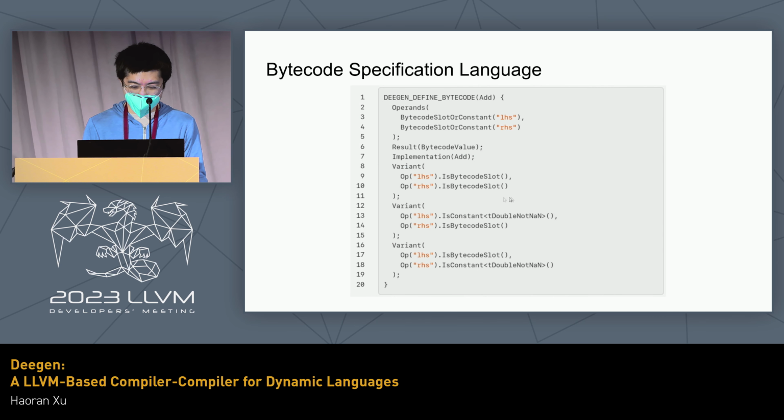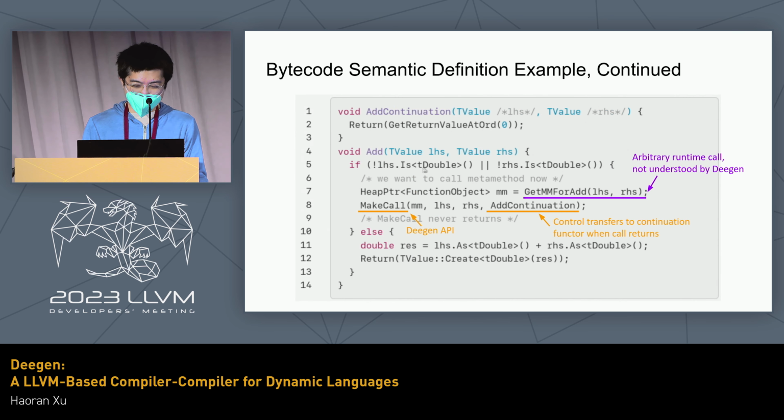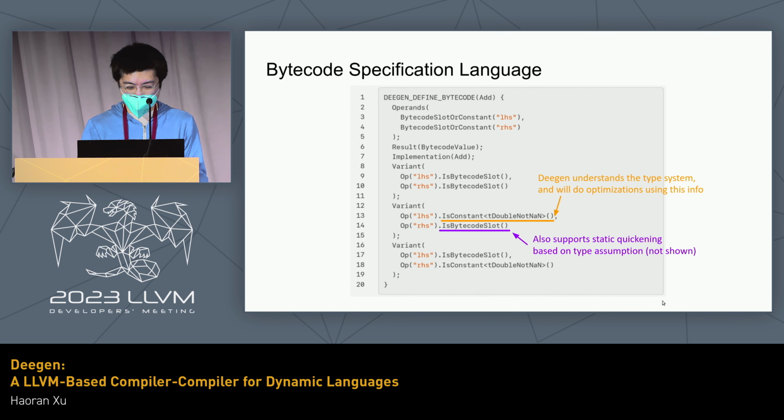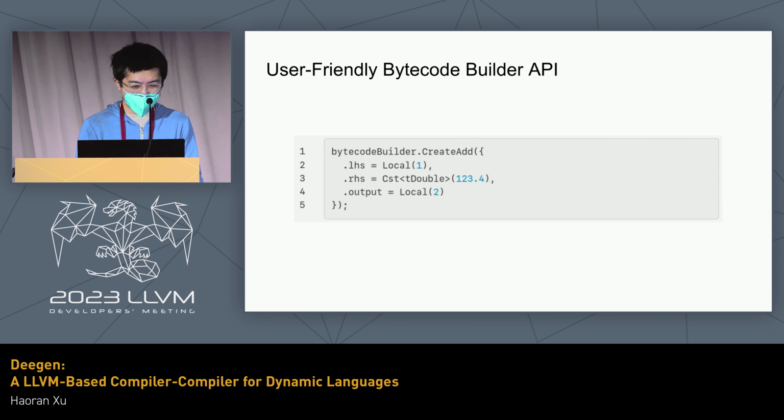For example, if LHS is known to be a TDouble not none, then since TDouble not none is the subtype of TDouble, we can know that LHS dot is TDouble is always true. So the check here can be elided. There are also more complex optimizations that we support, but due to time constraints, I'm unable to cover them right now.